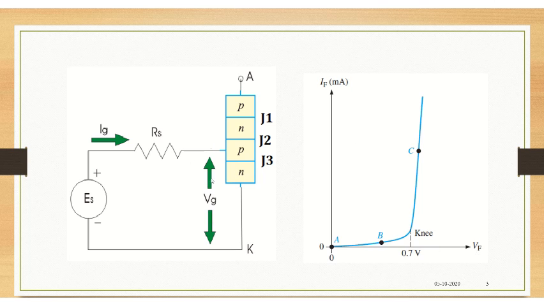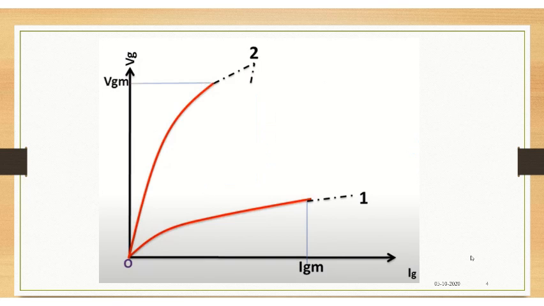In terms of the gate drive circuit, my V would be VG, because it is the voltage applied at the gate terminal, so V is on the y-axis, and I will call the current the gate current, IG. My curve would look something like this. I hope you're with me. On the x-axis is my gate current and on the y-axis is my gate voltage.